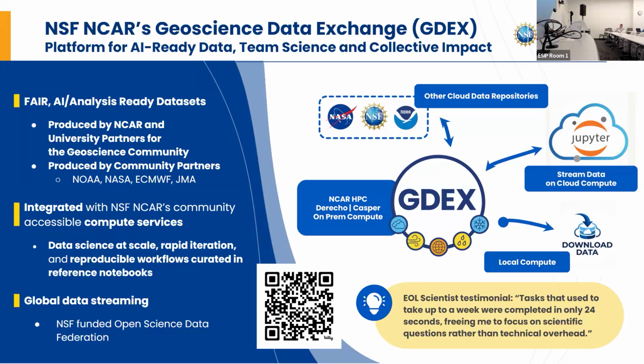These are all used by NCAR and university researchers for their research. We adhere to FAIR principles, and then we have a large number of targeted data sets that are engineered for AI readiness, analysis ready, to support AI and machine learning workflows.